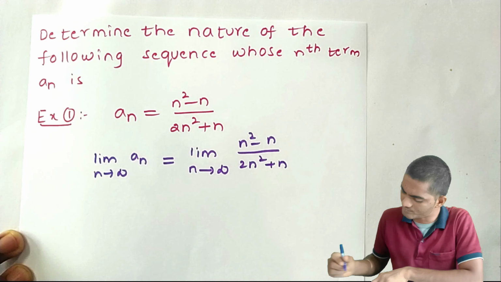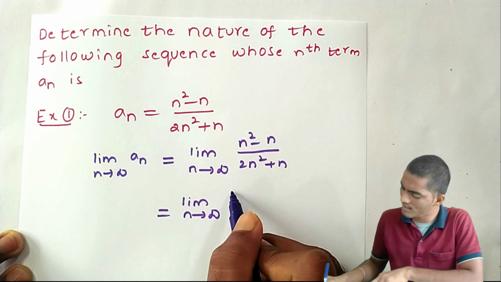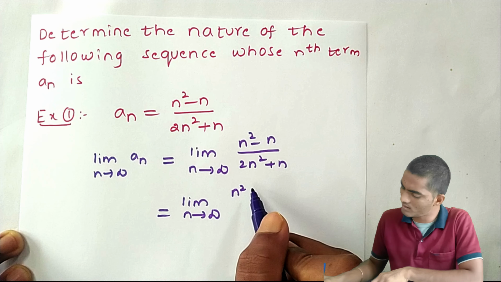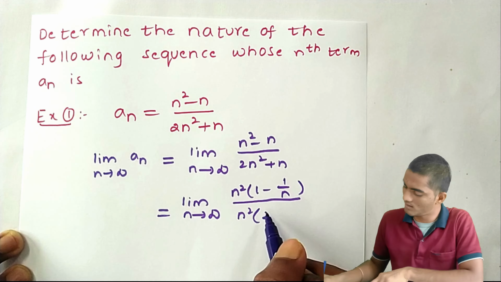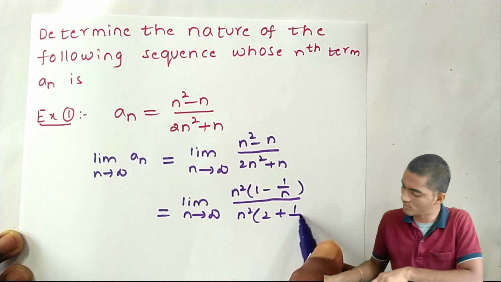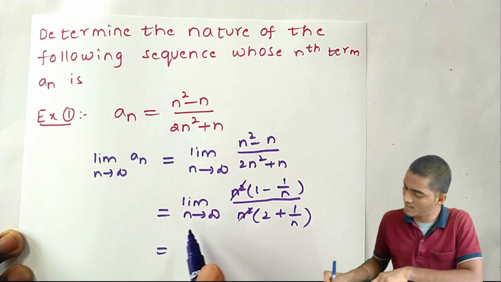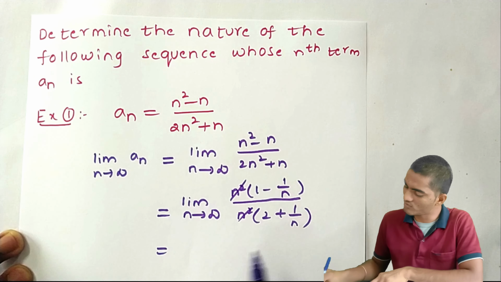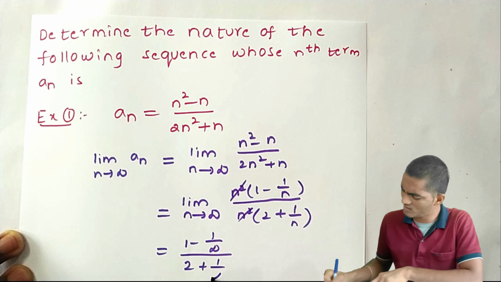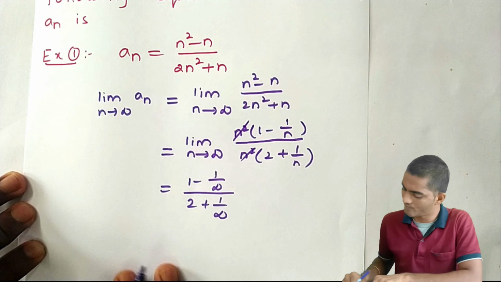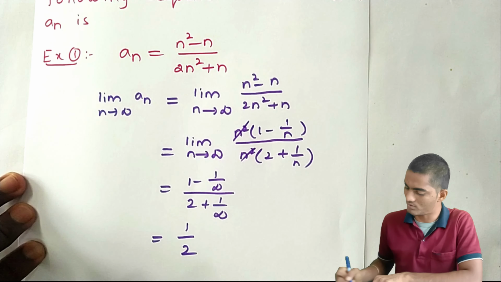Limit as n tends to infinity, taking n^2 common from numerator and denominator, (1 - 1/n) / (2 + 1/n). Cancelling n^2 and applying the limit to (1 - 1/n) / (2 + 1/n), we get (1 - 1/infinity) / (2 + 1/infinity). 1 by infinity is 0, and 1 by infinity is 0, so the limit is 1/2.